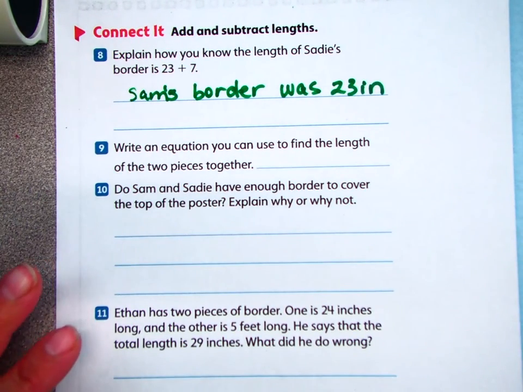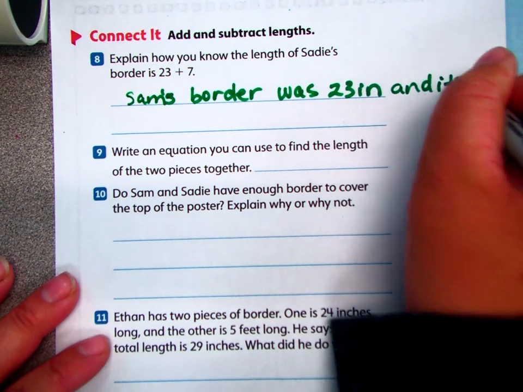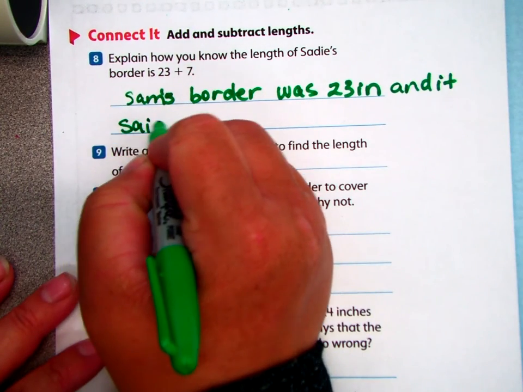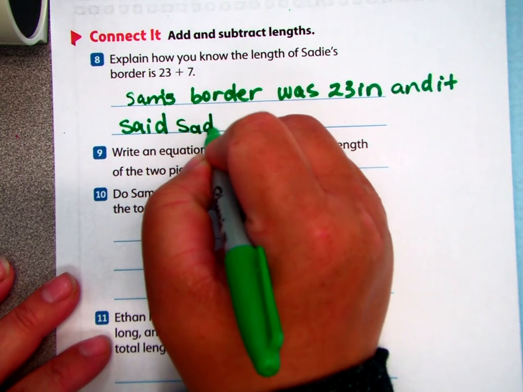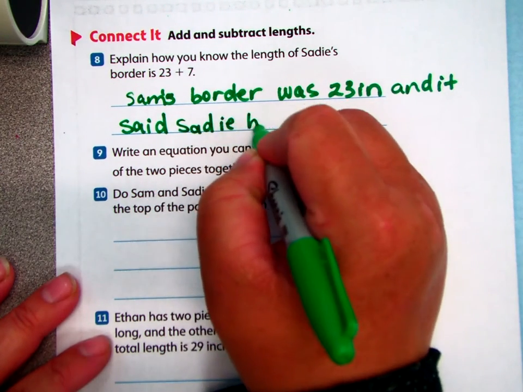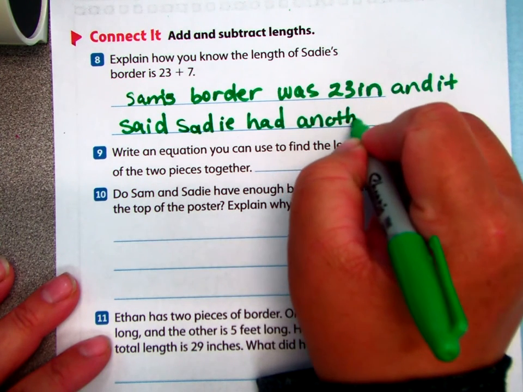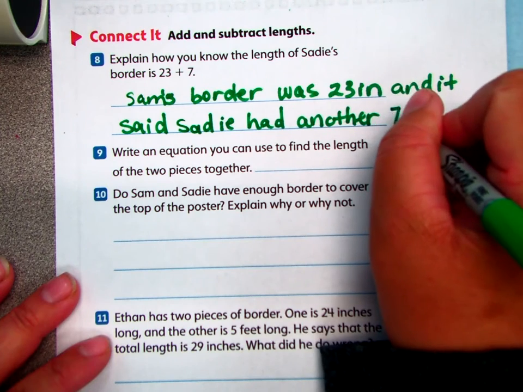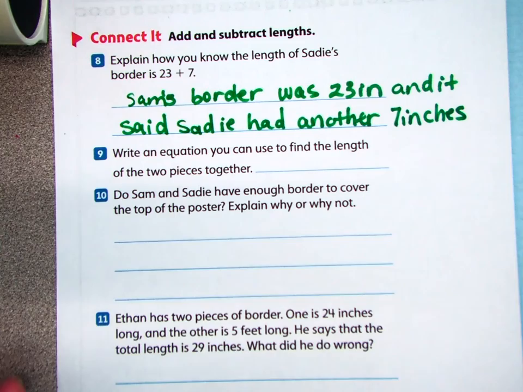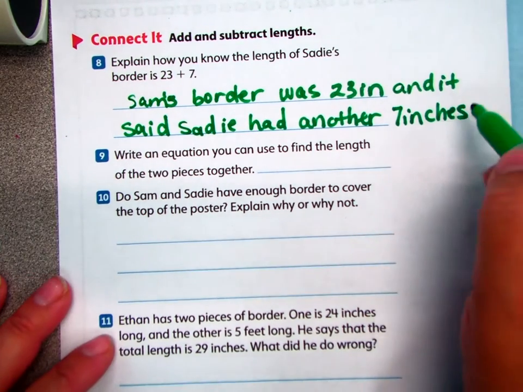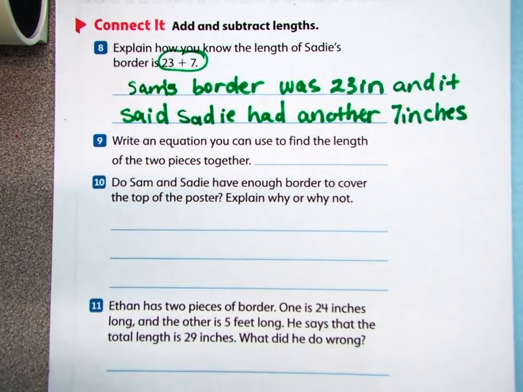Okay? And it said Sadie had another 7 inches. Alright? So that would give me my 23 plus 7.